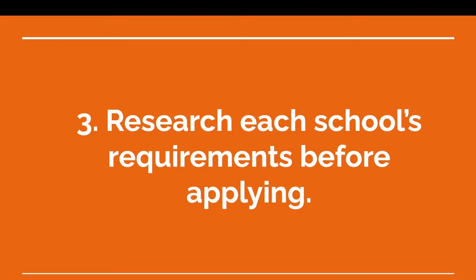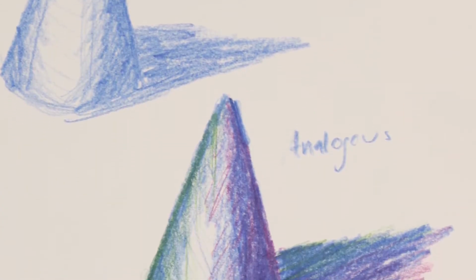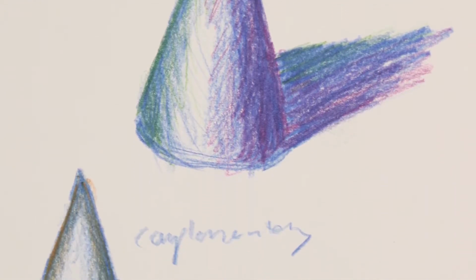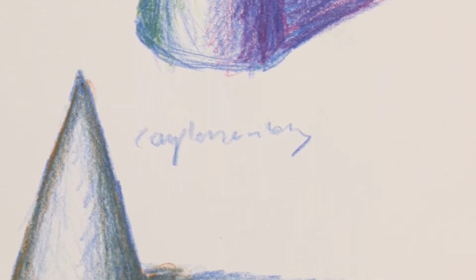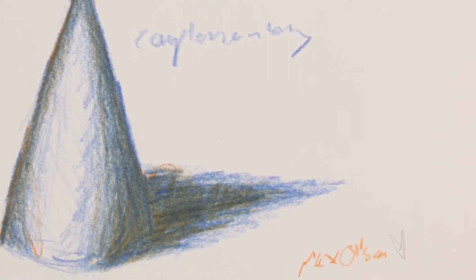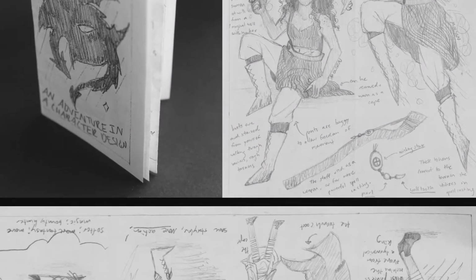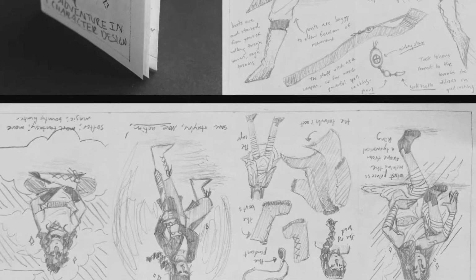Additionally, different schools might require that you include something unique in their portfolio. For example, RISD has their kind of drawing of a bike requirement. So every student that applies has to draw a bike for them.